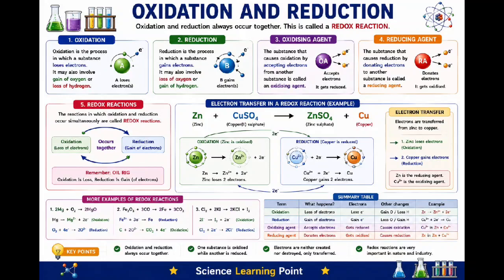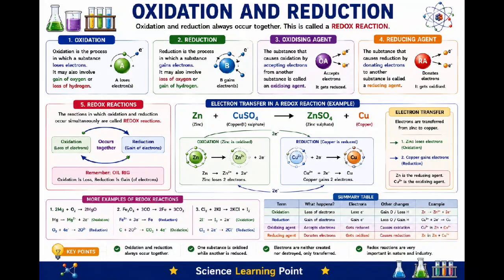So let's quickly revise the whole slide. Oxidation equals loss of electrons and reduction equals gain of electrons. Oxidizing agent means accepts electrons and gets reduced, and reducing agent means donates electrons and gets oxidized. When oxidation and reduction happen together, it is called a redox reaction.